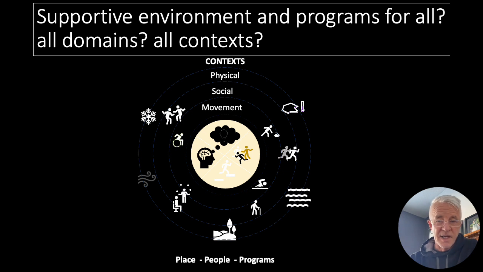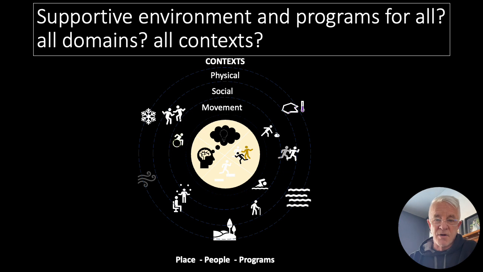Often when we start thinking about helping children, we think about lesson plans or coaching sessions, and that's good. Those are programs. But the other part that's equally important is the places that people move. Well, land, air, ice, snow, water, moving with other people, different ages, different cultures. But it also involves the people, the training of the people like pedagogues, and how do movement pedagogues get trained to help people move in different contexts, different social contexts, different environmental contexts.